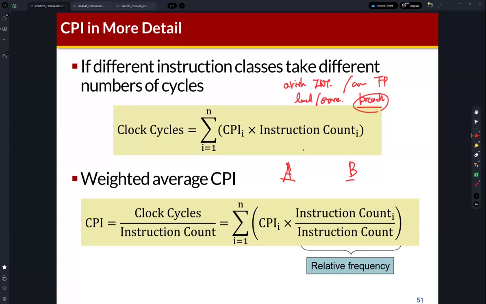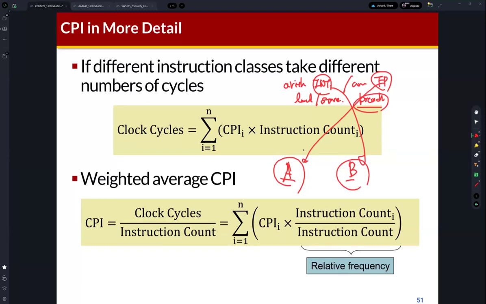Applications exhibit different proportions of these types of instructions. Obviously, right? We can use many floating point instructions for application A, or many integer instructions for application B, depending on the purpose of our application.